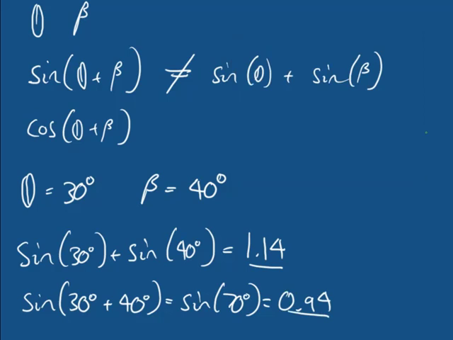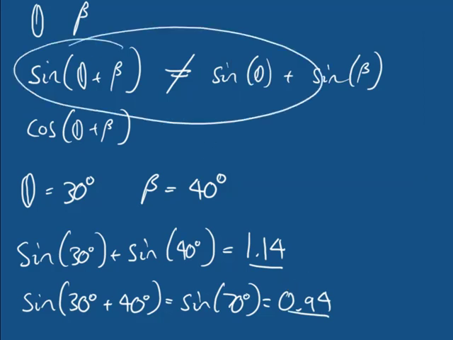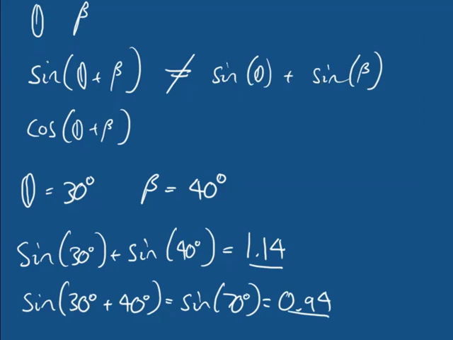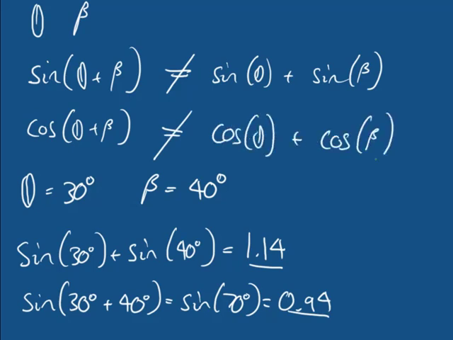We can quite clearly see that 1.14 does not equal 0.94, and therefore the sine of theta plus beta does not equal the sine of theta plus the sine of beta. Now I'm not going to show it here, but the same is true for cosine. The cosine of theta plus beta does not equal the cosine of theta plus the cosine of beta.